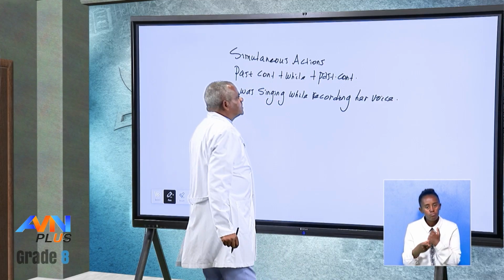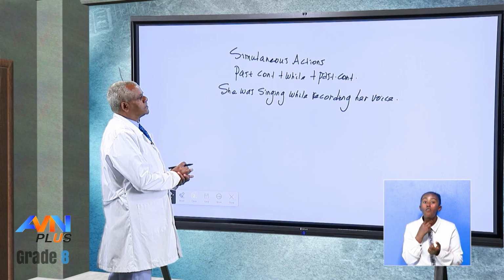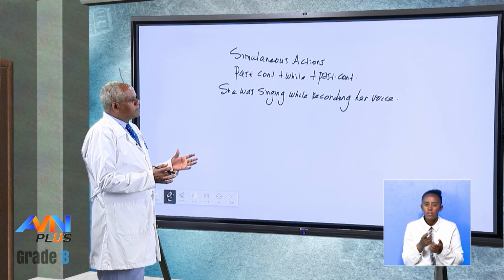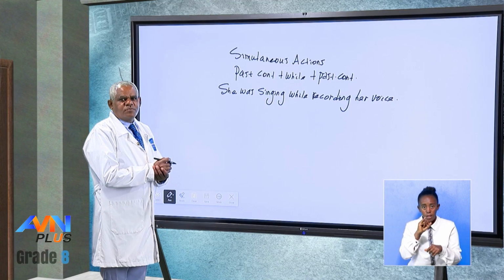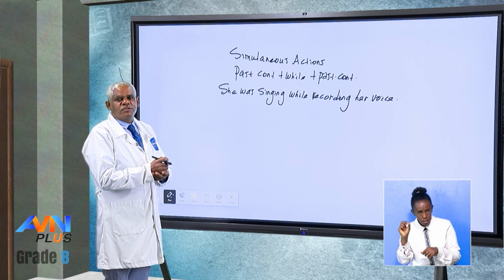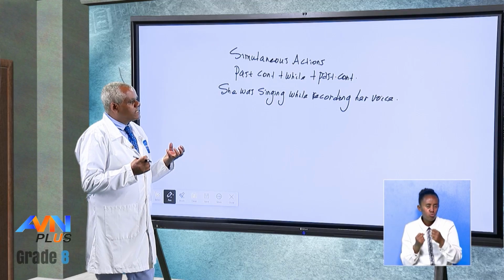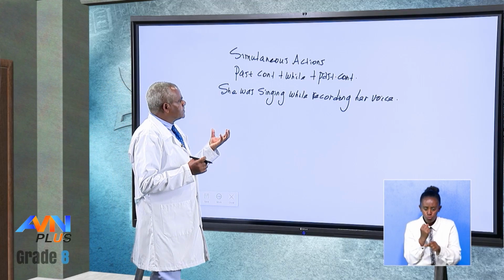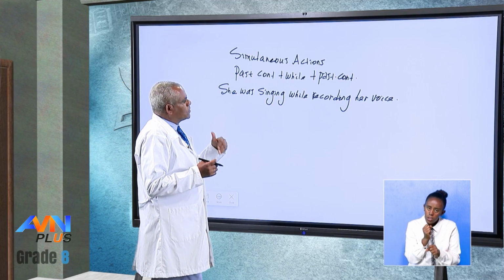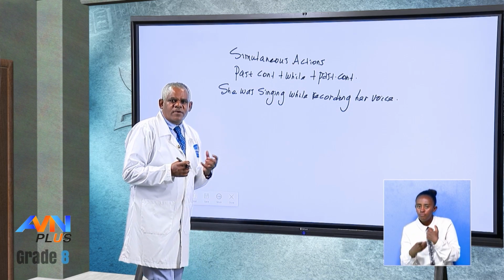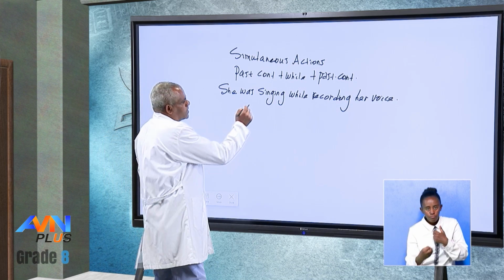This is what we call a simultaneous action. The subject is one person, who performs two different actions at the same time. Instead of saying she was singing while she was recording her voice, it's better to write it in a shorter way.